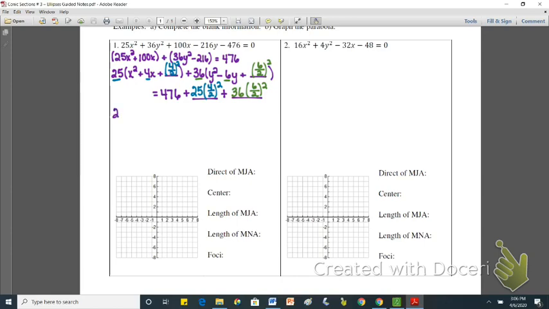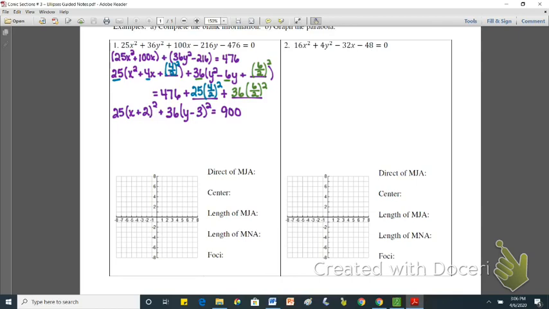My equation becomes 25, bring down my letter, bring down my sign. Half of 4 is 2, put a squared on the outside. Plus 36, bring down my letter, bring down my sign. Half of 6 is 3, squared on the outside. And when I combine all of my constants, I get 900.